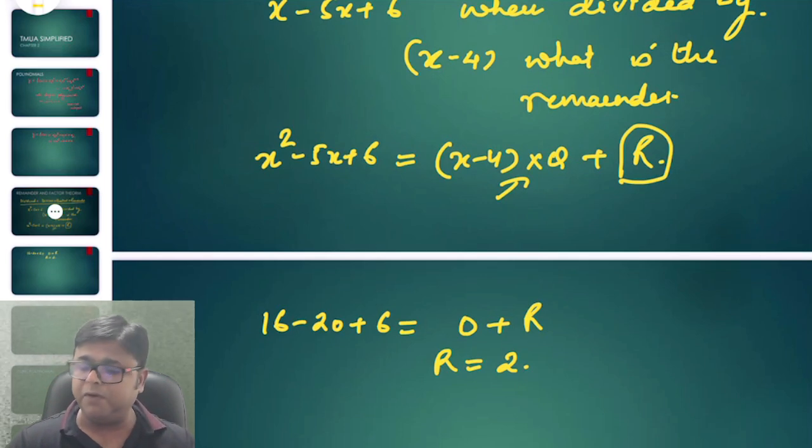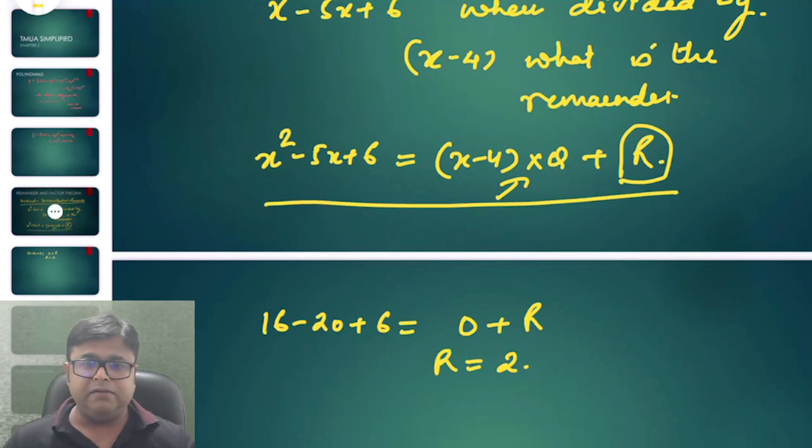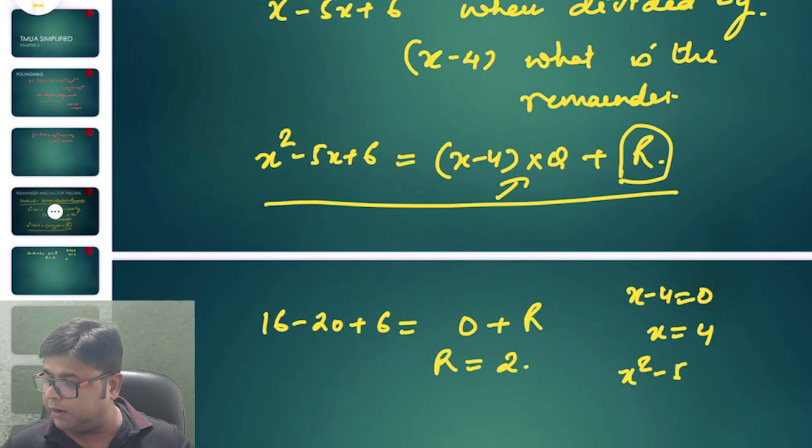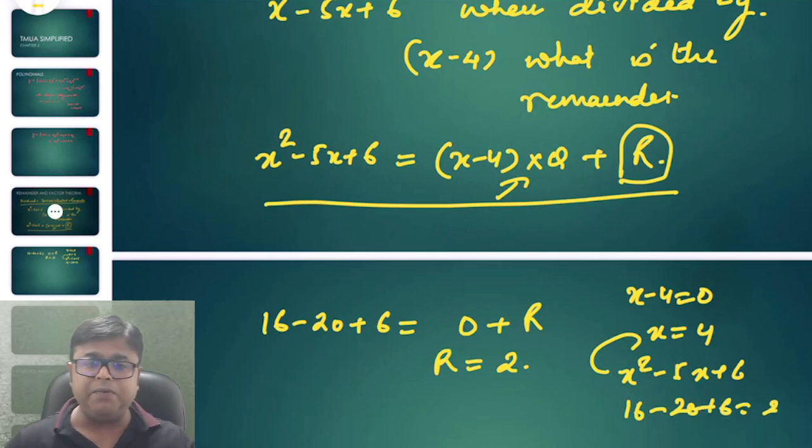So as a part of the process, rather than writing this equation again and again, what I can observe is that if I put the divisor equal to 0, the value of x so obtained, I'll put back into the dividend in place of x, and the value so obtained will be the remainder. So 16 minus 20 plus 6, which is 2. The same process can be done like this also. You need not put up an equation.